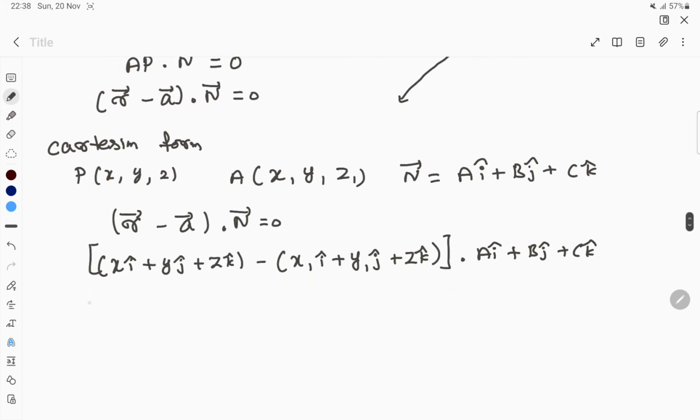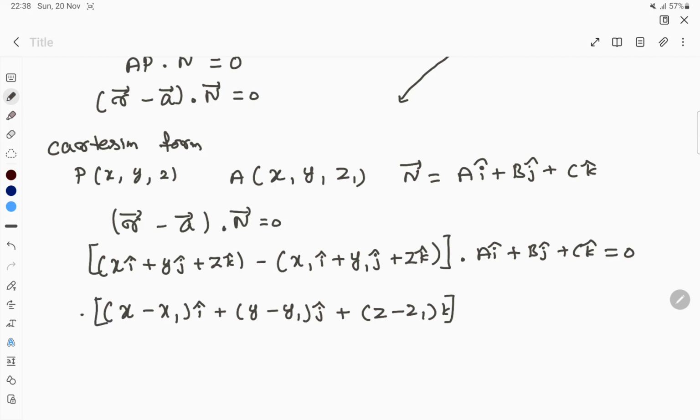If you apply vector subtraction here with the respective components, we get (x minus x1) times i plus (y minus y1) times j plus (z minus z1) times k, dot ai plus bj plus ck.